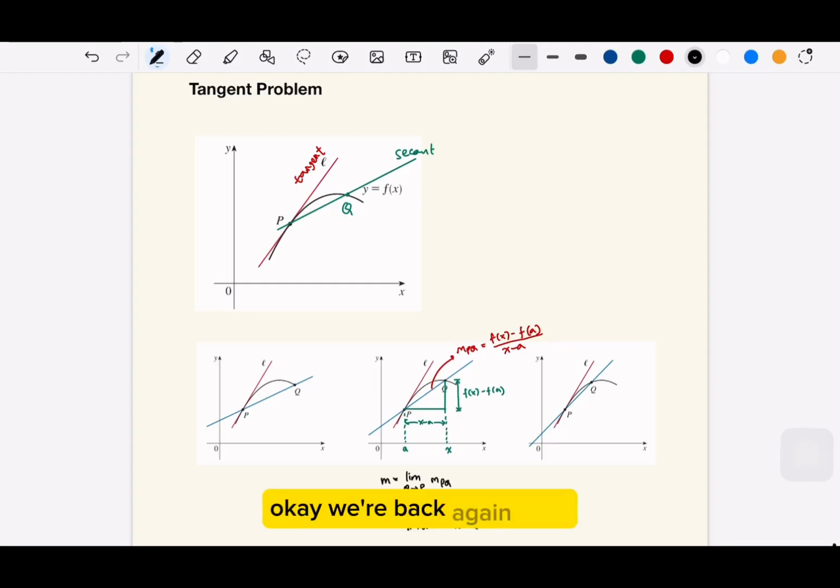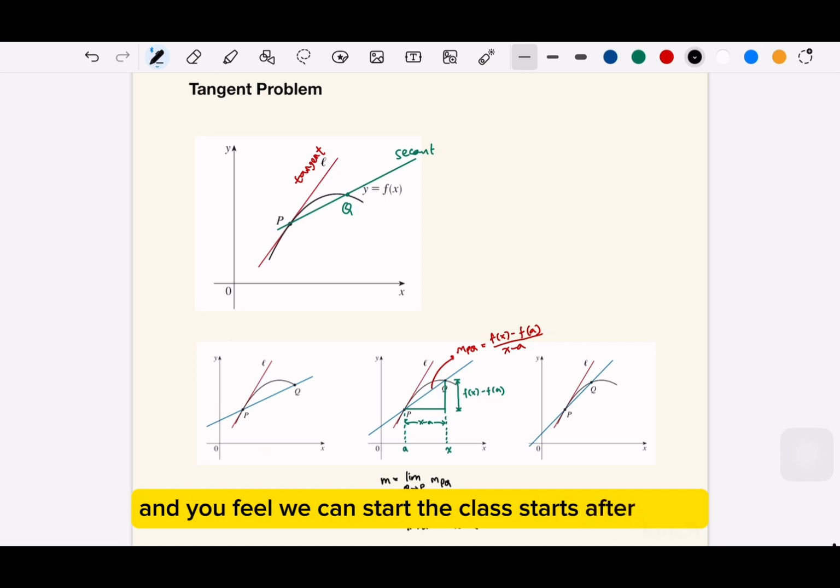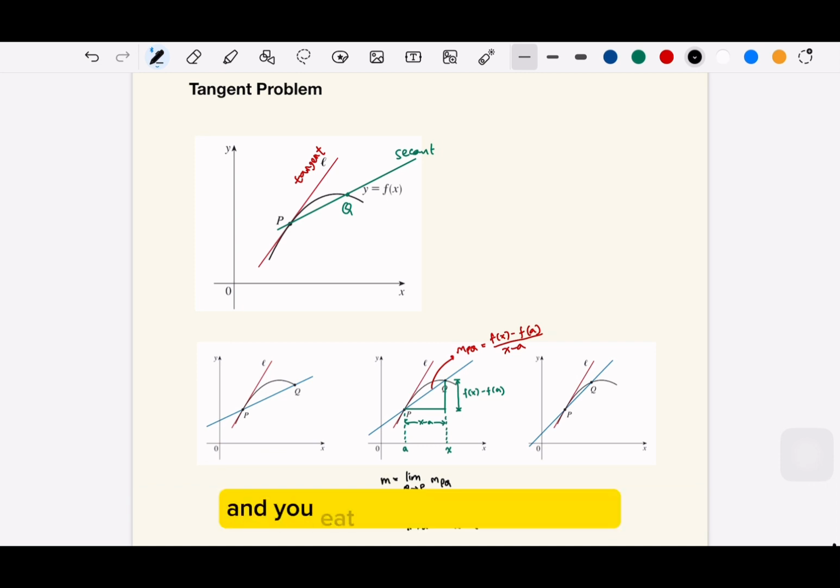Okay, we're back again. Early semester is still in good spirit. Maybe after midterm, it will be different. Every year, it's like that. I'm already getting used to it, and that's okay. Because the class starts after lunch, and you eat too much carbohydrate, especially white rice, it is really normal if you feel sleepy.